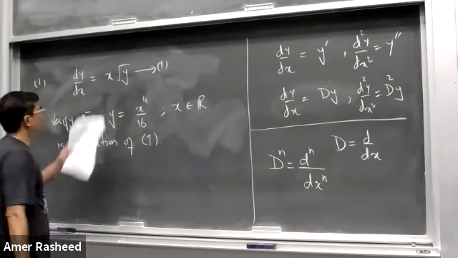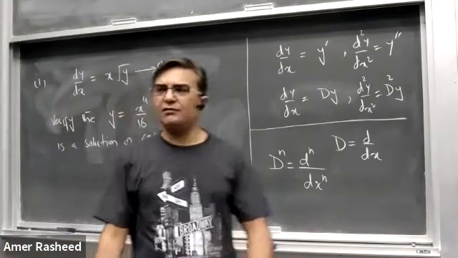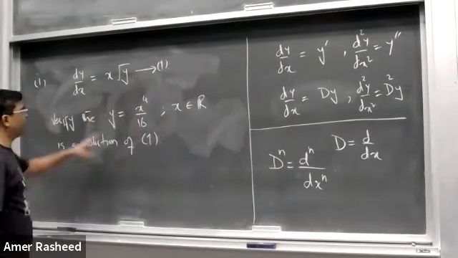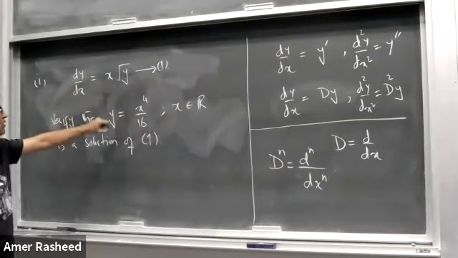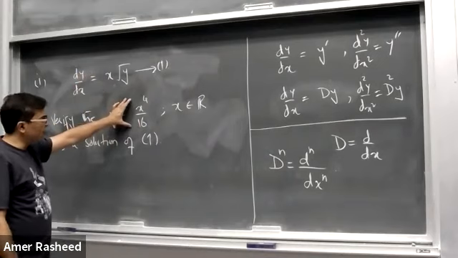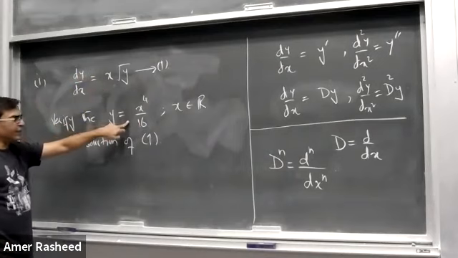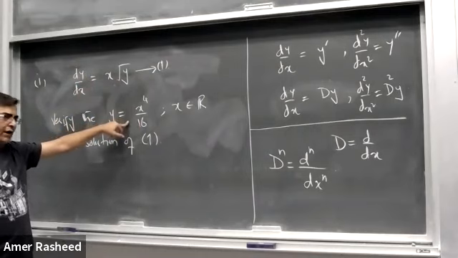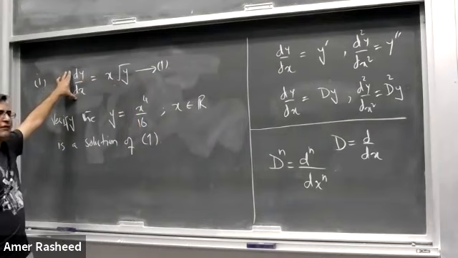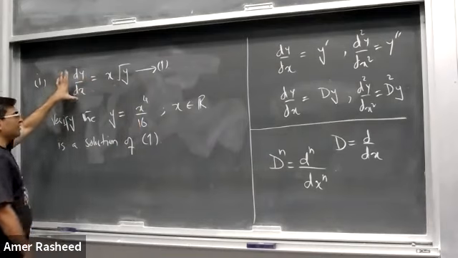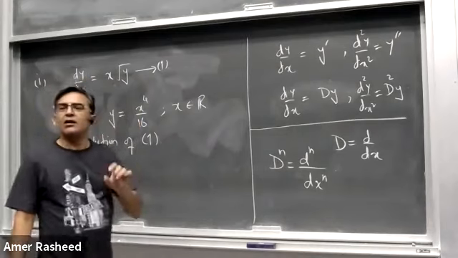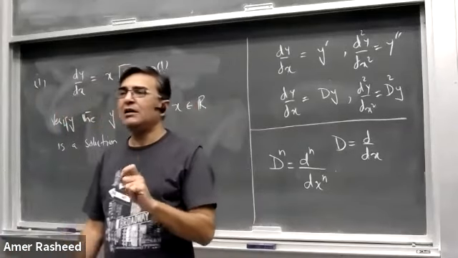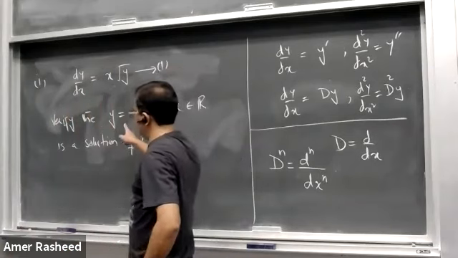This is a first order differential equation, and we have to verify that this is a solution of it. If we assume that this is a solution, it should have derivatives up to order 1, because the highest order derivative involved in this equation is 1. So the solution should have a first derivative, and that derivative should be continuous as well.